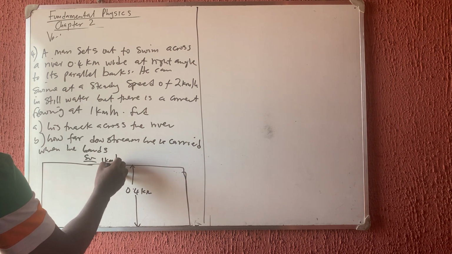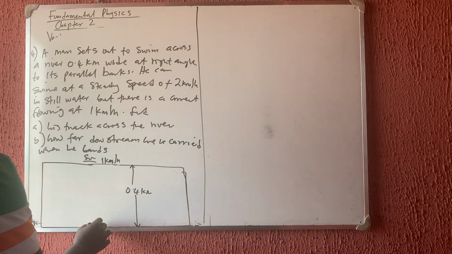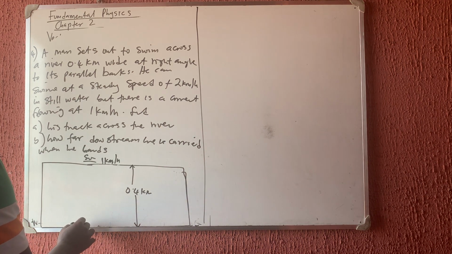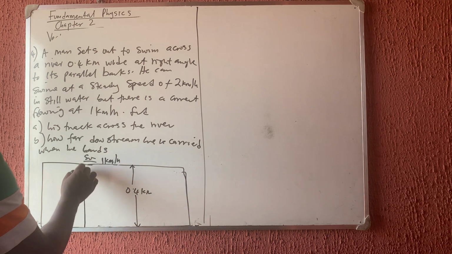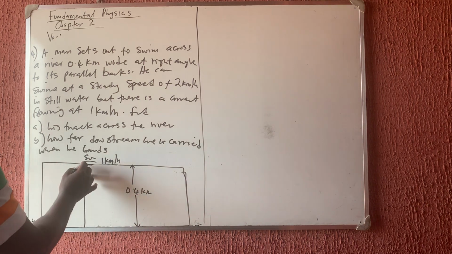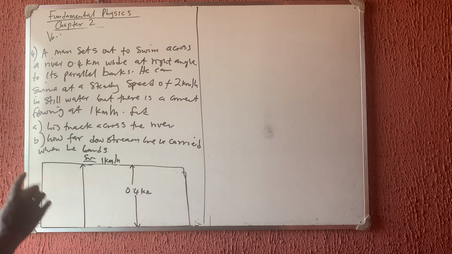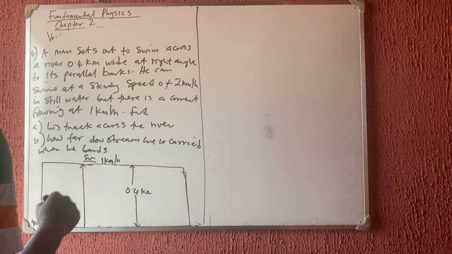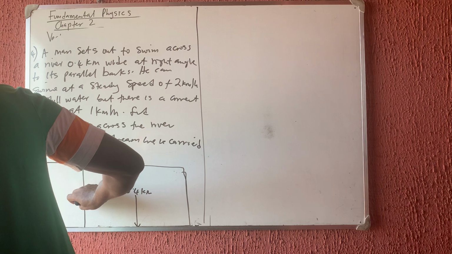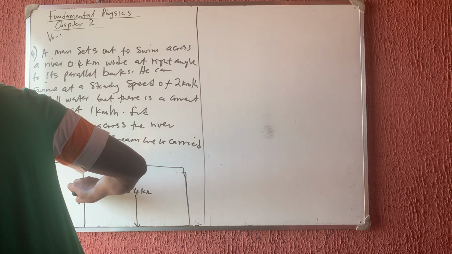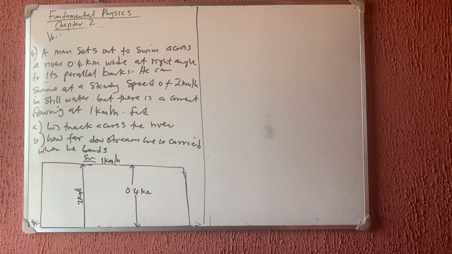The man is moving this way, directly, at an angle of 90 degrees, using a speed of 2 kilometers per hour. That is the speed this man is using.